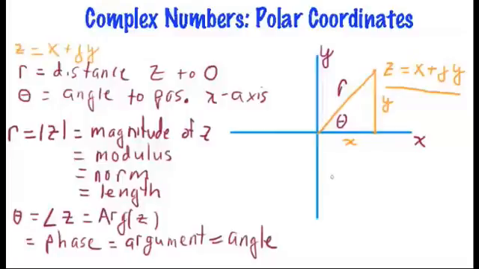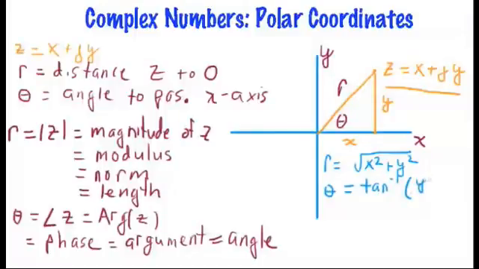Let's finish this slide by writing down the formulas relating r, theta, and x and y. So we can see from the triangle and the Pythagorean theorem that r equals the square root of x squared plus y squared. We can also see that the tangent of theta is opposite over adjacent, which is y over x. So theta is the inverse tangent, which I'll write as tan inverse of y over x.